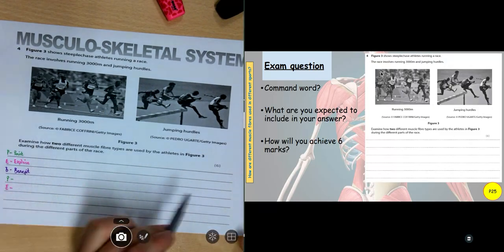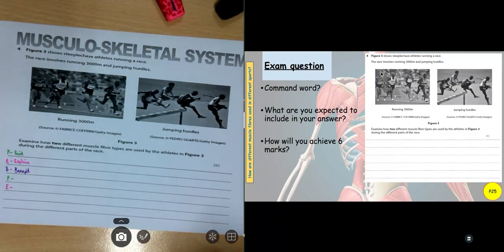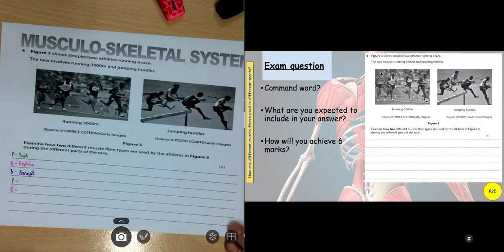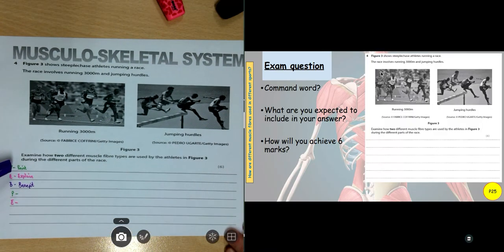Anytime we are given a long answer question where we're getting 3 or more marks, where we need to write extended responses, a strategy recommended by the exam board is point, explain, benefit, or PEB.